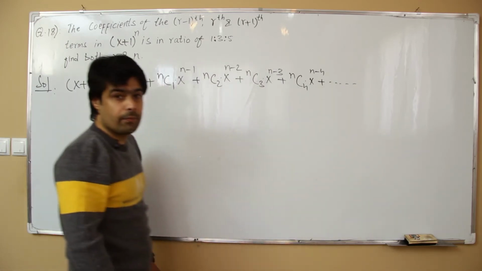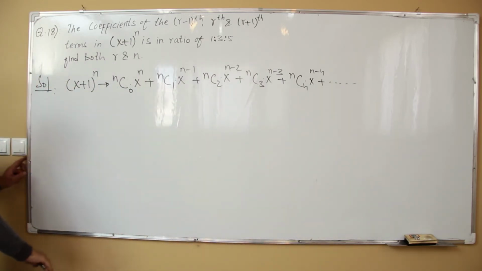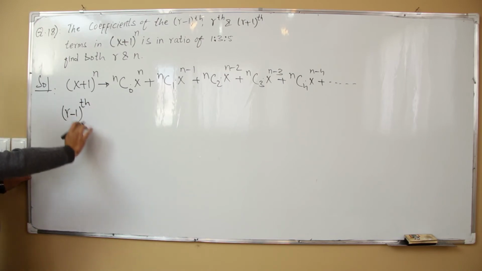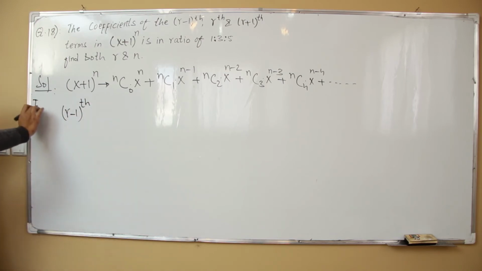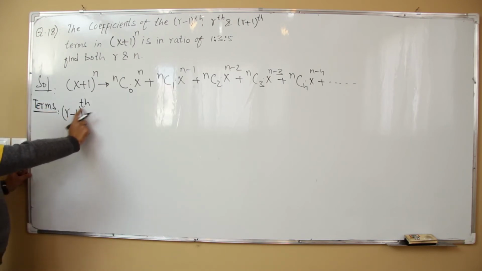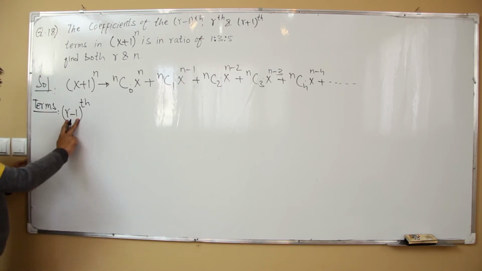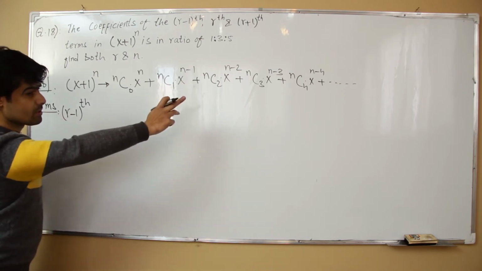You can simplify. Now, the coefficients asked are for the (r minus 1)th term, so this term first. What is the (r minus 1)th term coefficient? It means one of these terms.